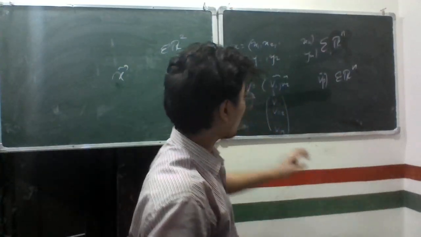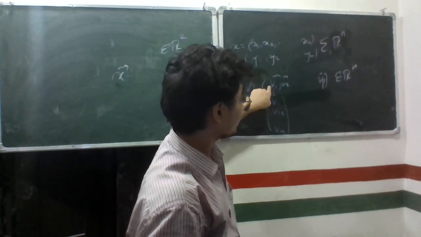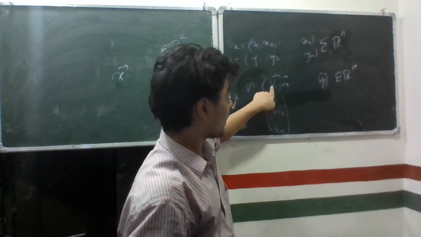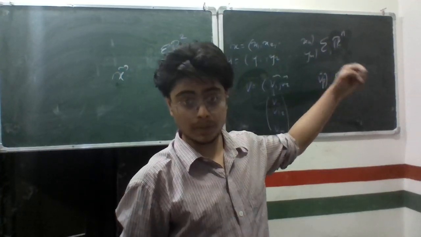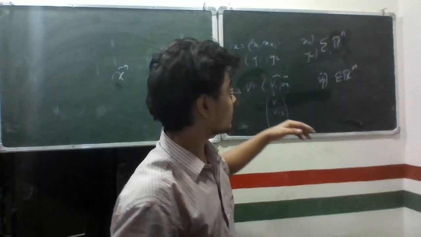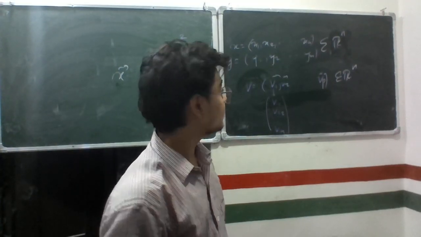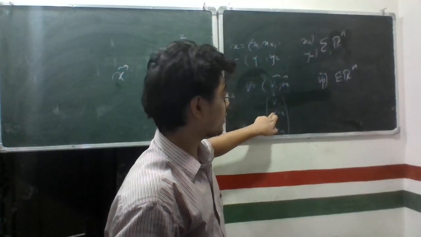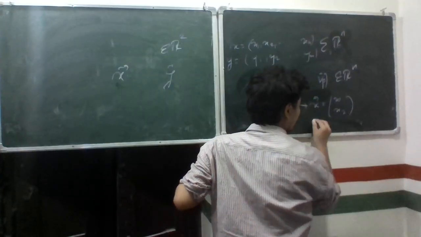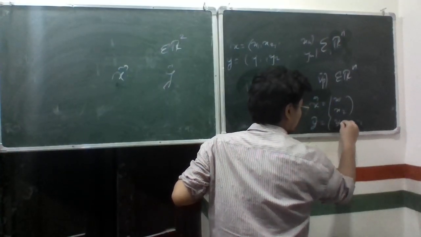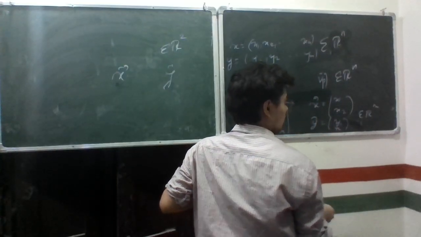Rn means how many components each individual vector in the vector space has. So the number of dimensions is determined by the number of components in each of these vectors. So if I say x has x1 and x2, and y has y1 and y2, that determines these are in R2.